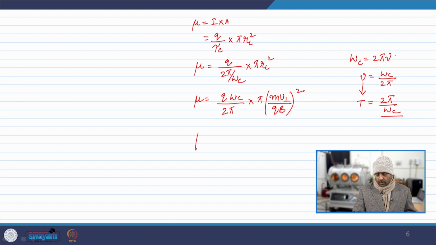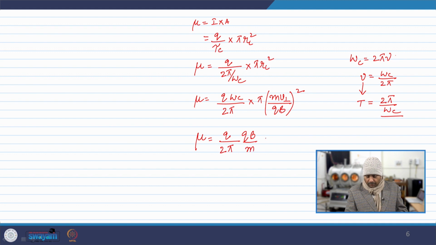So, magnetic moment mu equals q by 2 pi, omega c is qB by m, times pi m v perpendicular by qB square, right.